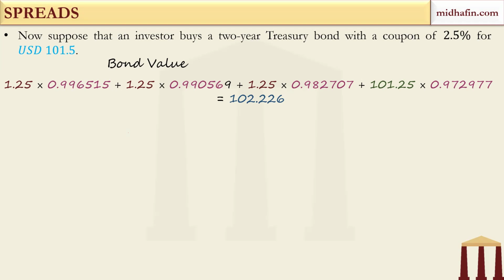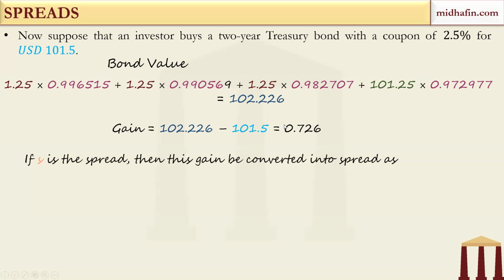So for that, let's say the spread is S. An annual spread, because a spread is also calculated in annual terms. So the annual spread is S, and the gain is $0.726. Now I'm converting this gain of 0.726 into a spread, which is more interpretable.